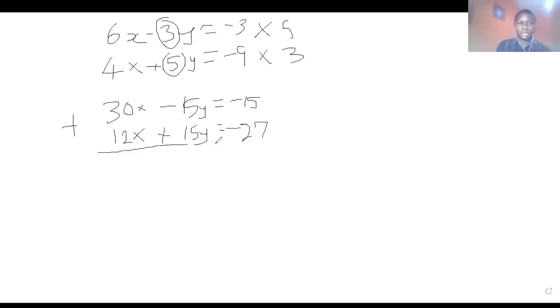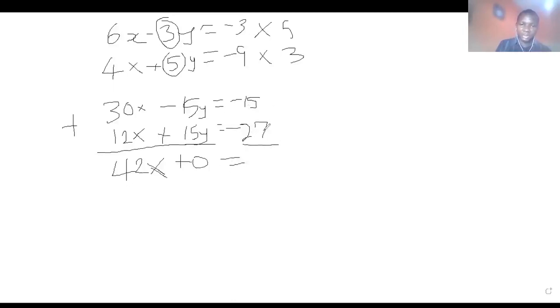So I can put my line here. 30x plus 12x, we have 42x. Minus 15 plus 15, we have plus 0, is equal to minus 15 minus 27.